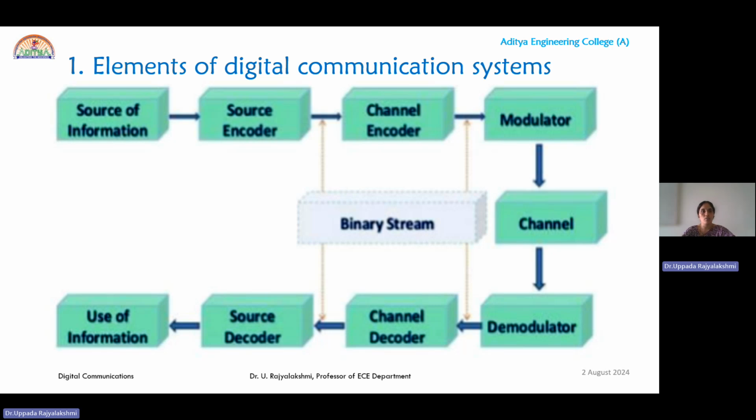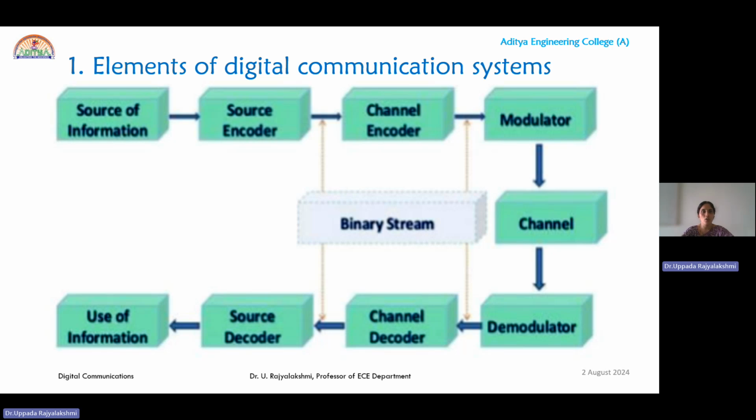This channel encoder will intentionally add some error-control bits to the data stream. For example, if there are k message bits, you are going to append r check bits to the message bits to form a code word.